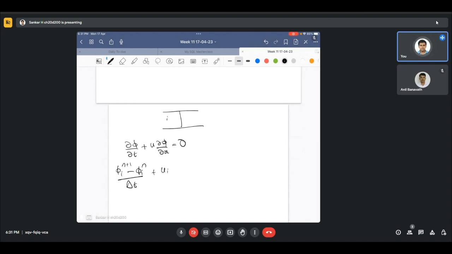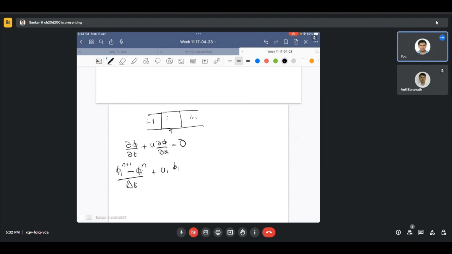Let's consider this to be the ith cell and this to be the (i+1)th cell. Therefore, here would be the (i-1)th cell. Let's take a look at the ith cell for now.